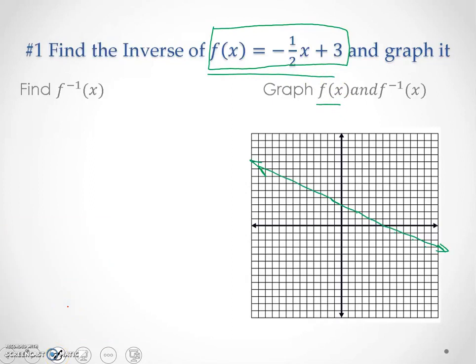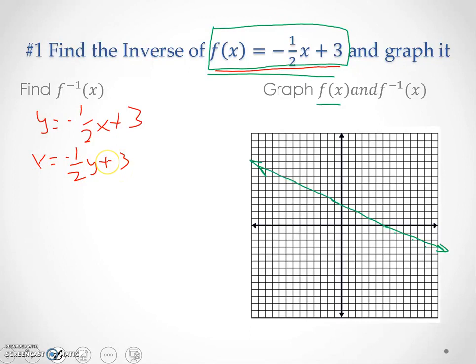So what we want to do now is find the inverse of that function. So to find the inverse of this function, which I could say is y equals negative 1/2 x plus 3, the first thing that I'm going to do is switch the x and the y around. So my output will become my input, and my input will become my output. So I'm going to start with x equals negative 1/2 y plus 3.